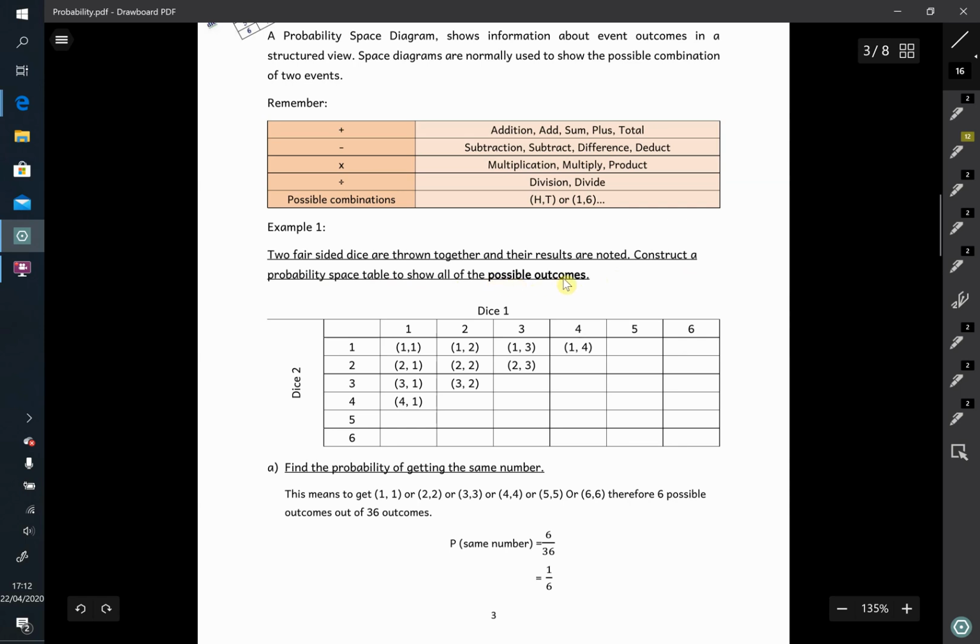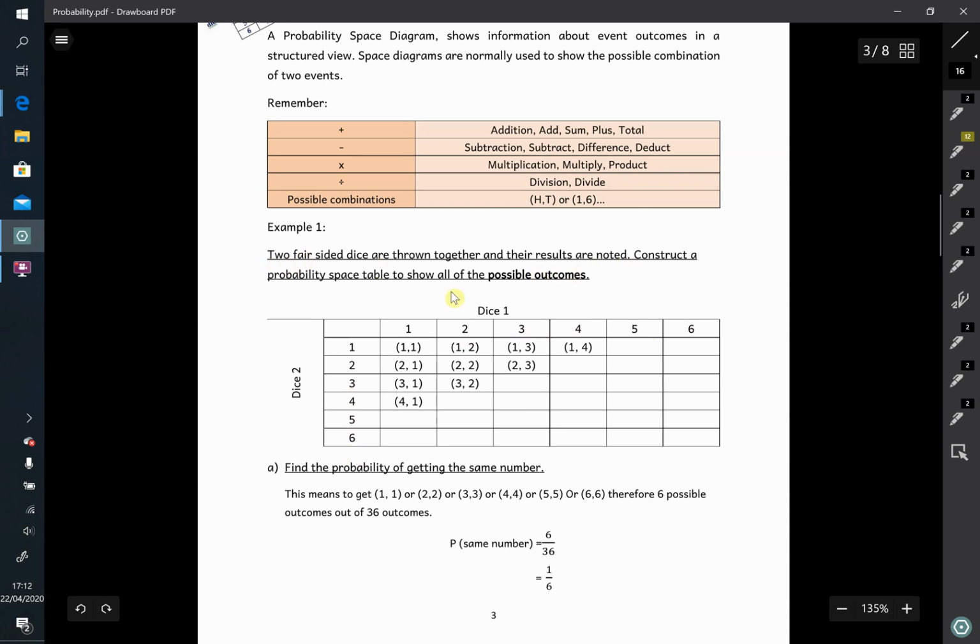So we've got dice 1 in the horizontal and dice 2 in the vertical. For dice 1, I've got the numbers 1, 2, 3, 4, 5, 6, and for dice 2, 1, 2, 3, 4, 5, 6, because they are both the same and they're fair-sided.